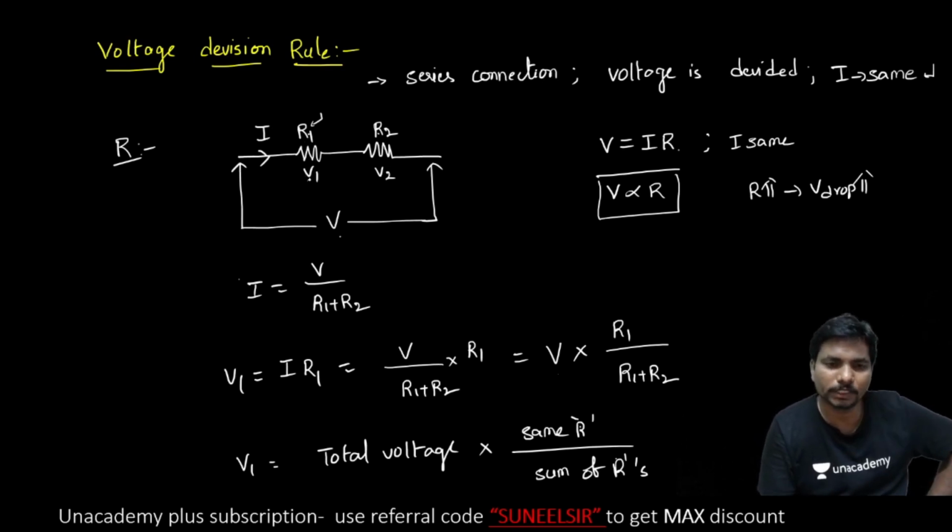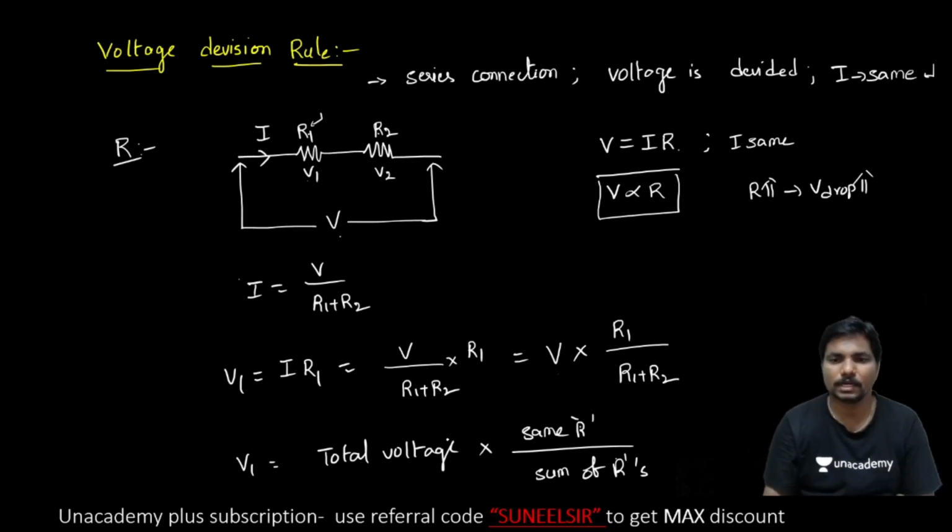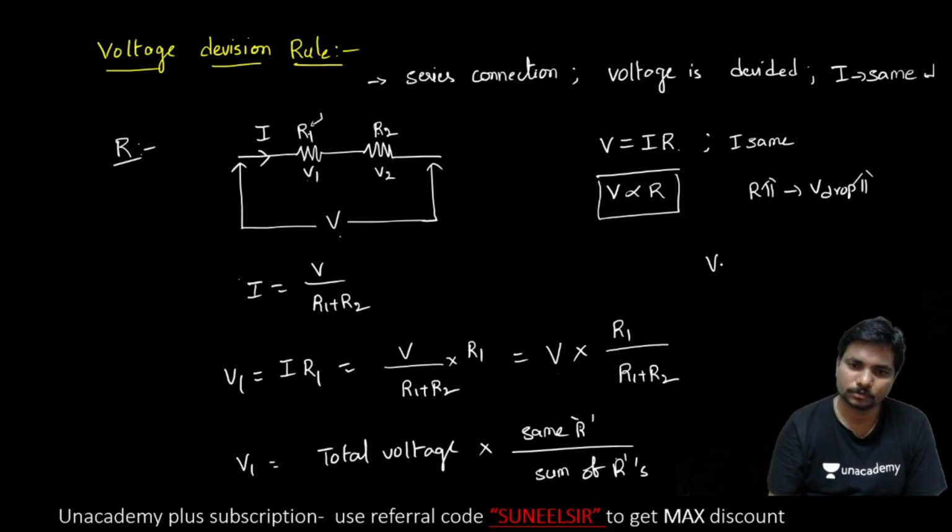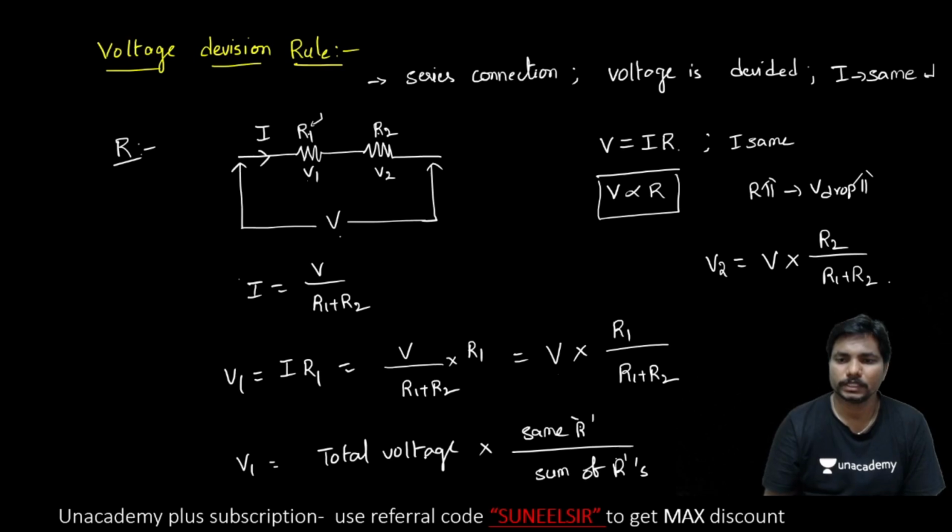If you find the voltage across V1, then V2 is nothing but V minus V1, so directly you can get it. Or otherwise you can write for V2: total voltage V, same resistance R2 by total resistance R1 plus R2. Like that you can write down the voltage division rule.